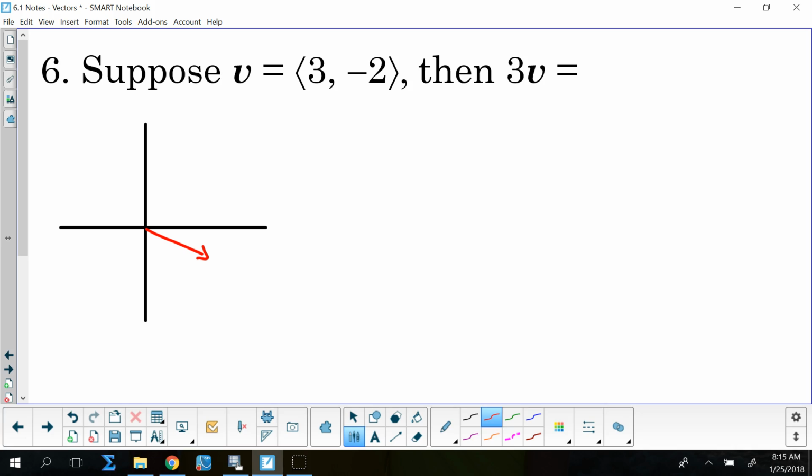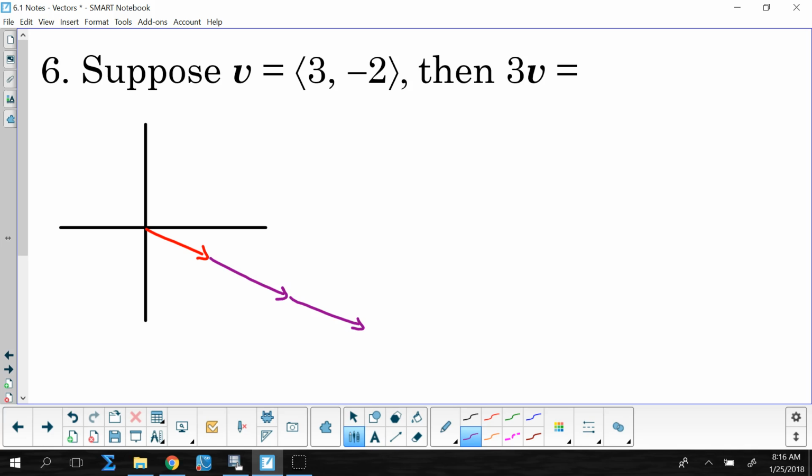Okay? So there's one of them, right? That's 1v. Well, then I could put in 2 v's, right? And then I would put in 3 v's. Right?